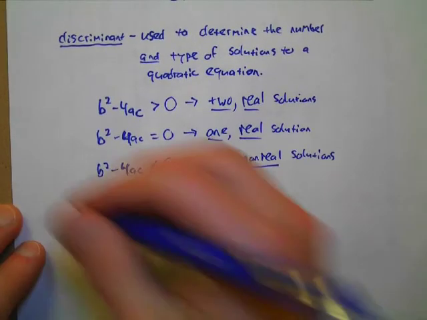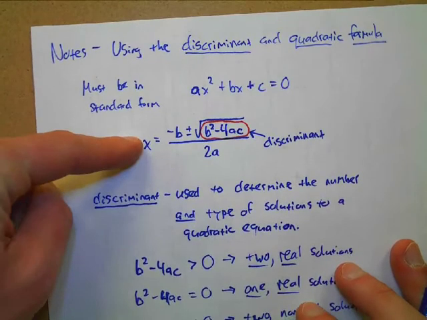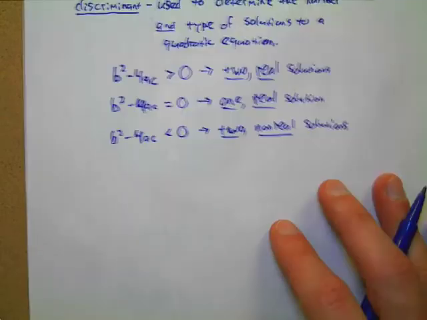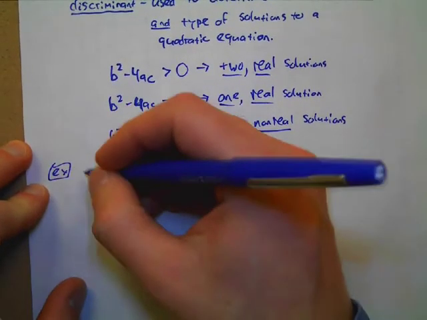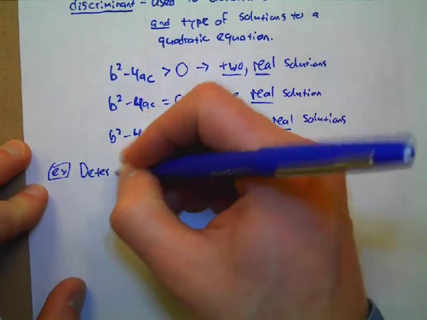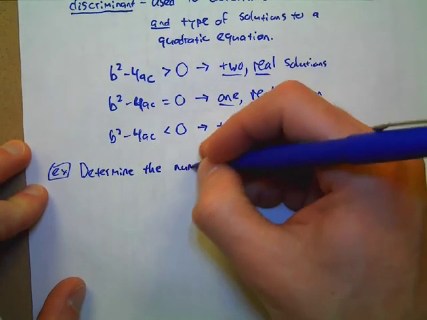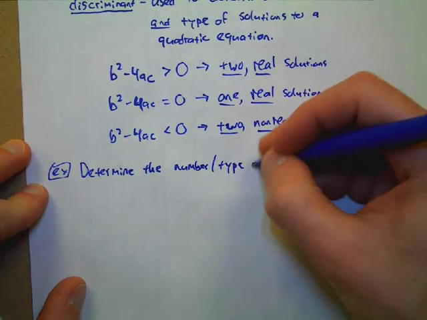So we'll start with just using the discriminant. Then we will graduate to our big boy and big girl formula here, okay? But we'll start with just using the discriminant for right now. So determine the number/type of solutions.